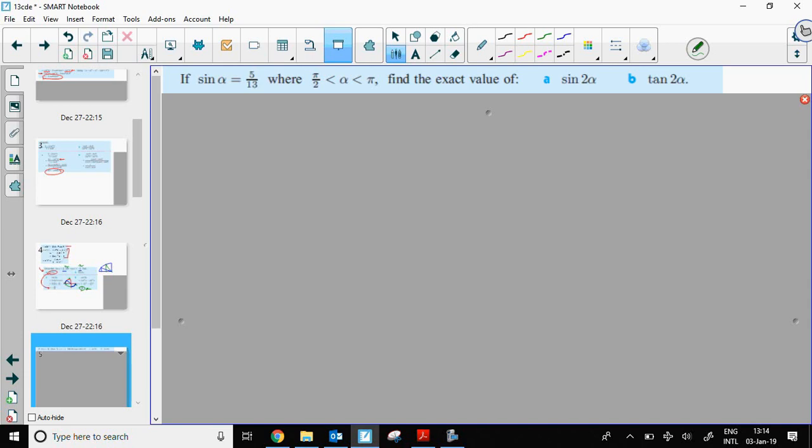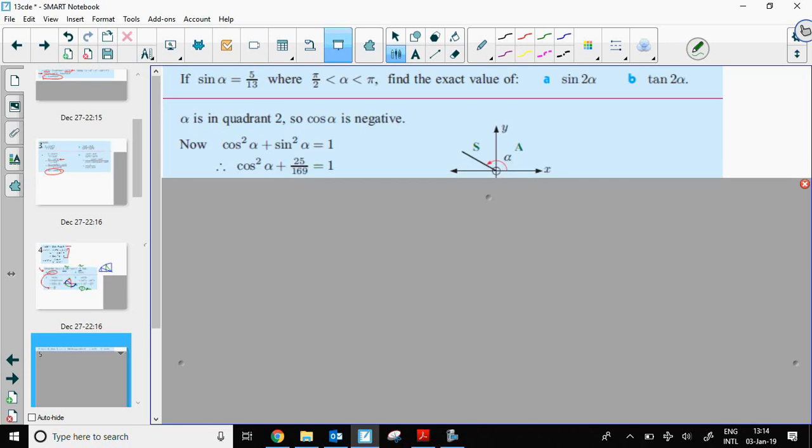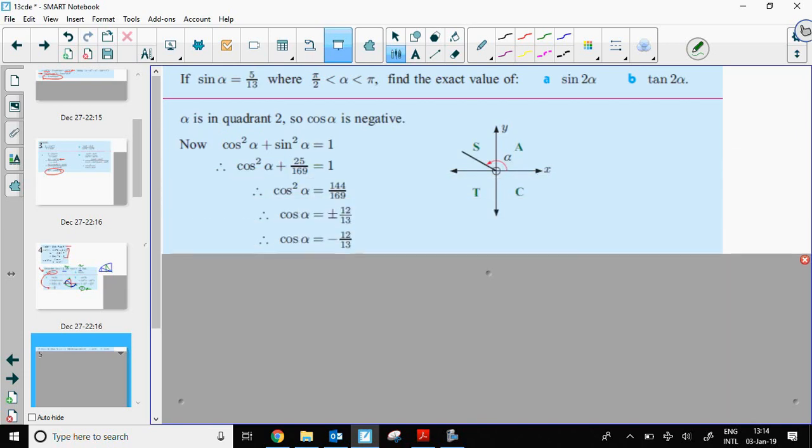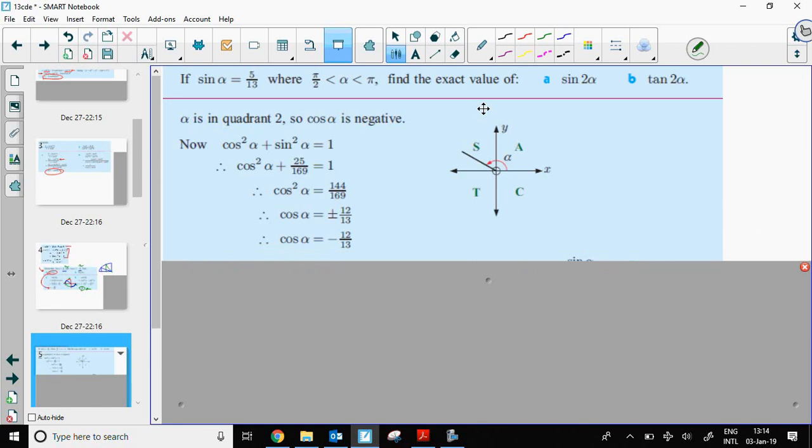So we know what sine of alpha is. It's 5/13. Let's find the exact value of sine of 2 alpha. We know that sine of 2 alpha is going to be 2 times sine of alpha times cosine of alpha. So we're going to need to figure out what cosine of alpha is. The way that the book does it is by using the Pythagorean identity, cosine squared plus sine squared is equal to 1.